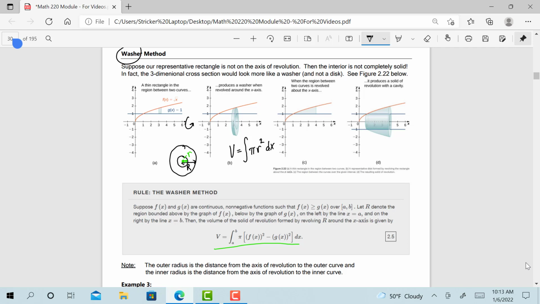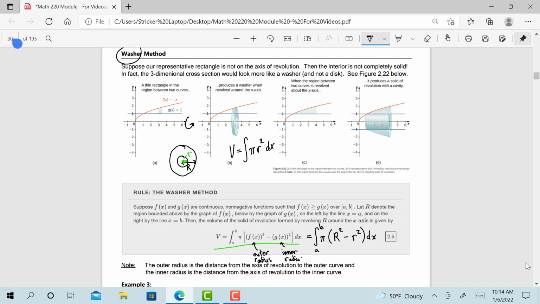And so I like to write it as the integral from a to b of pi times big R squared minus little r squared dx. Of course, we can do this in terms of y as well, but we're going to think of this as our outer radius, or our bigger radius, and this is our inner radius.